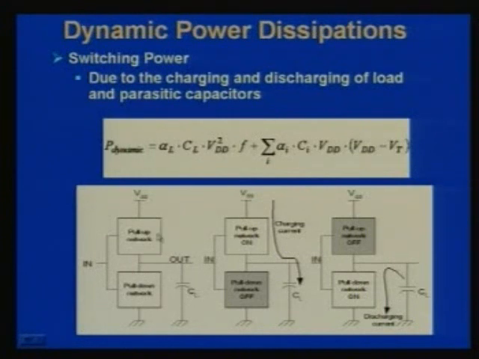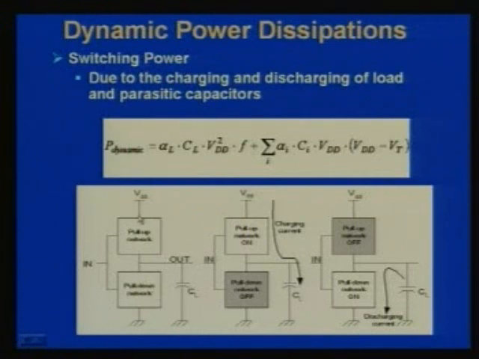When the output is high, from the supply voltage VDD the load capacitor is charged through the PMOS network, and whenever for some input combination the output is 0, the charge which was stored in the load capacitance will be dissipated through the NMOS network.